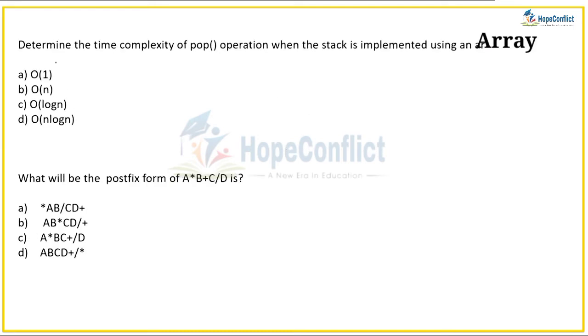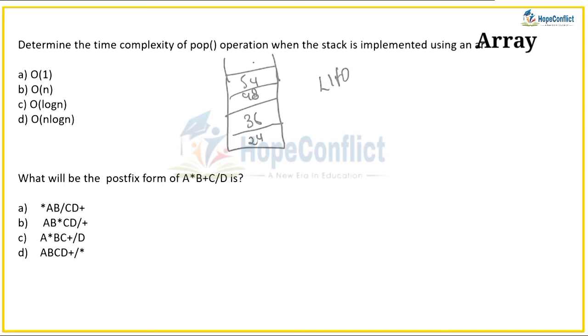Here's our next question. Determine the time complexity of pop operation when the stack is implemented using an array. How does the stack work? Last in, first out. Suppose we first push 24, then 36, then 48, then 54, right? Now they're asking for the time complexity of the pop operation.